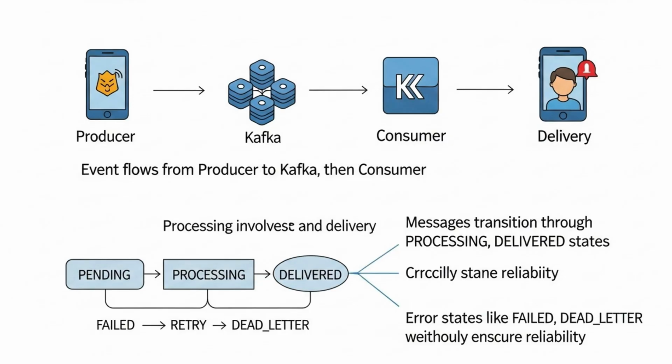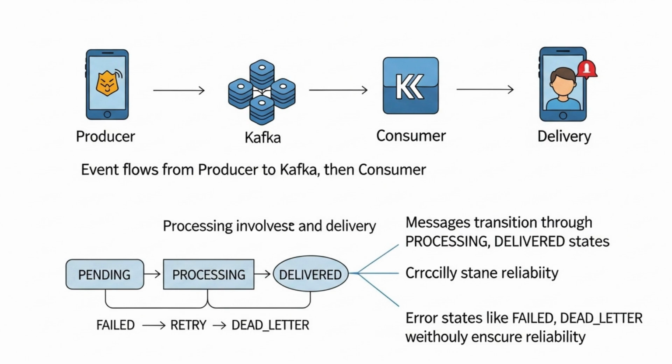Throughout this journey, messages transition through various states. Initially, a message is pending, waiting in Kafka. Once the consumer picks it up, it moves to processing. After successful delivery, it becomes delivered. But what about errors? Robust systems account for these. If something goes wrong, the message enters a failed state.